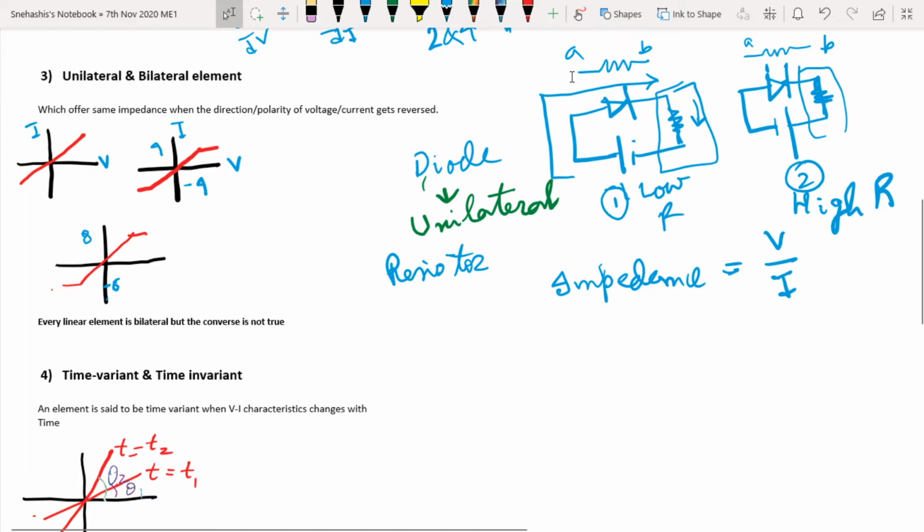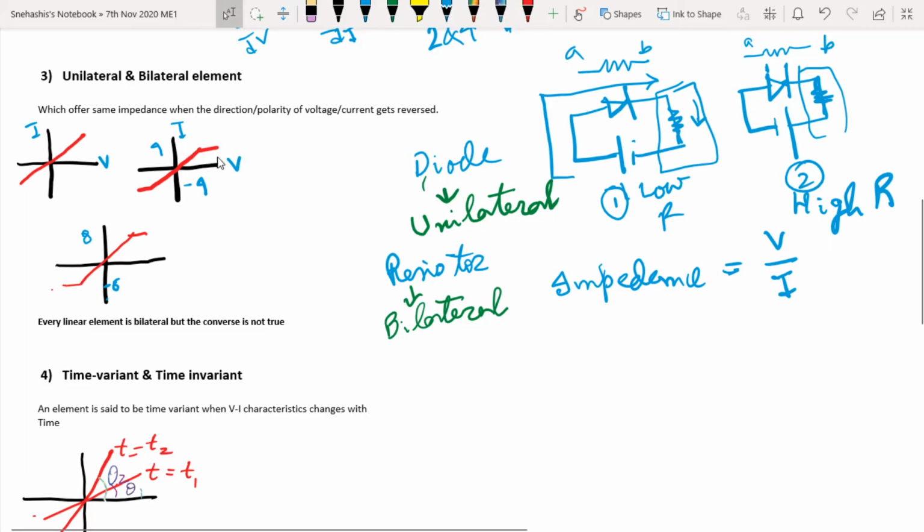So in terms of the definition, the resistance AB offers the same impedance when the direction or polarity of the voltage source is reversed. So that's why a resistor is said to be a bilateral device.